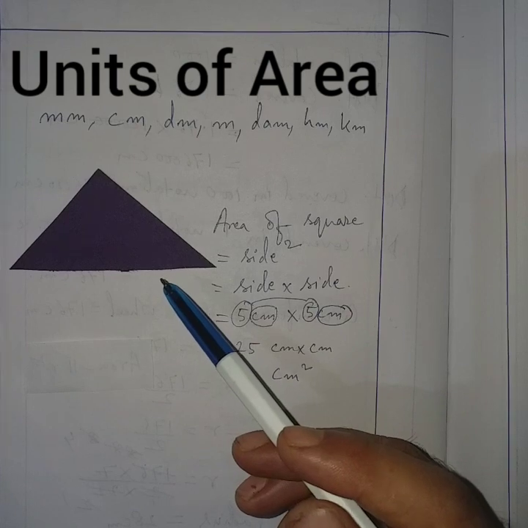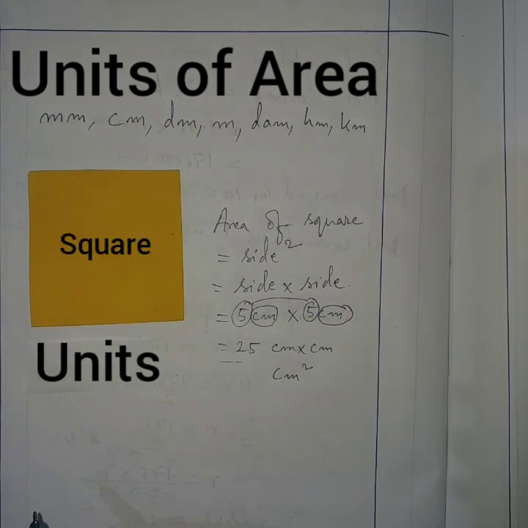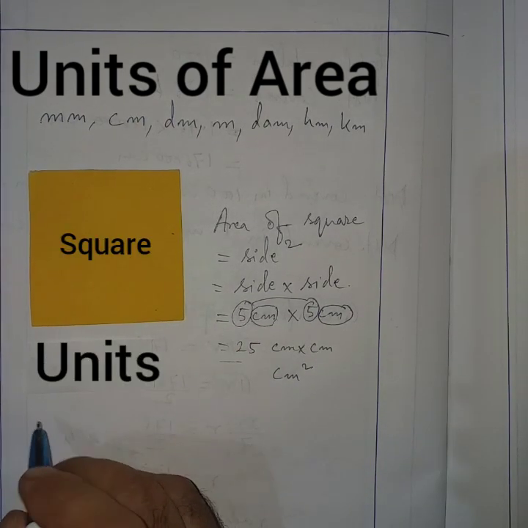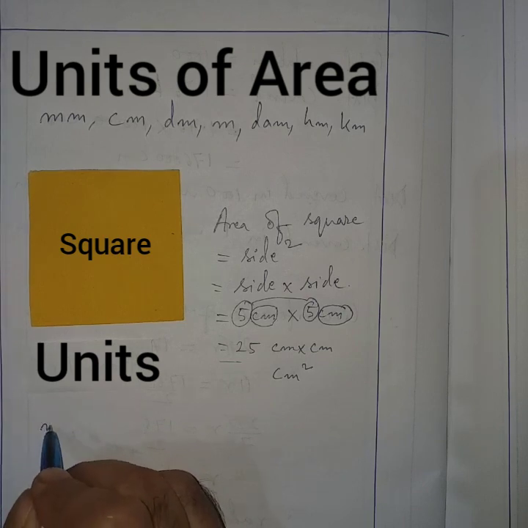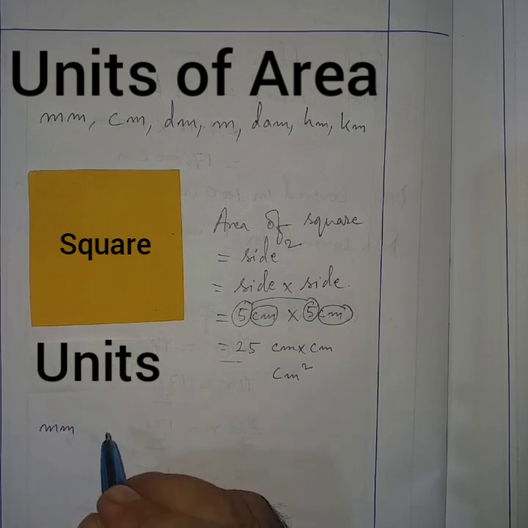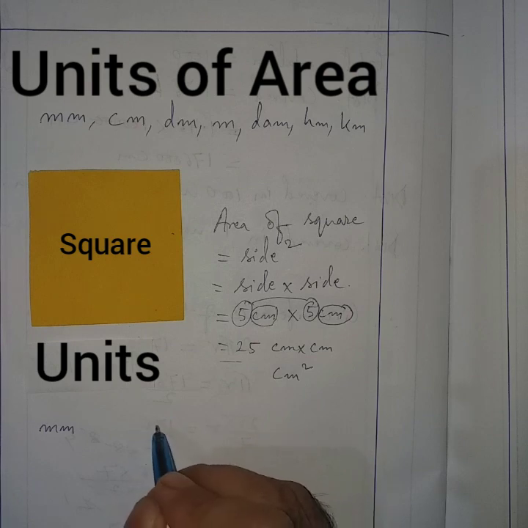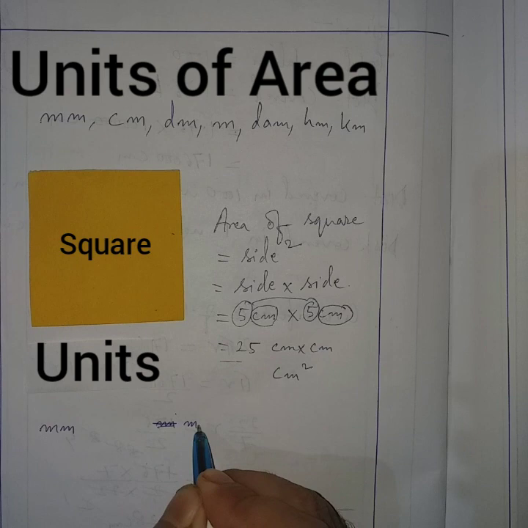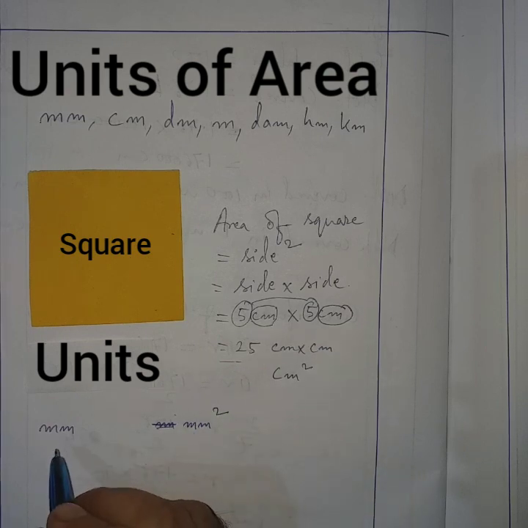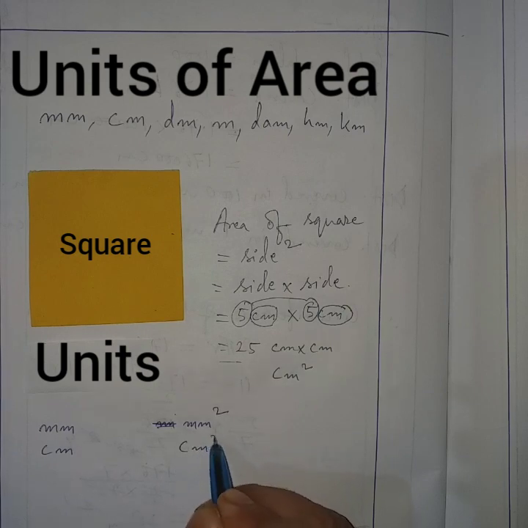So the units of area will be, if the lengths are given in millimeter, then the unit of area will be millimeter square. If the lengths are given in centimeter, then it will be centimeter square.